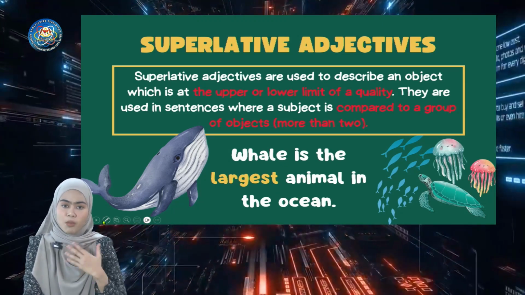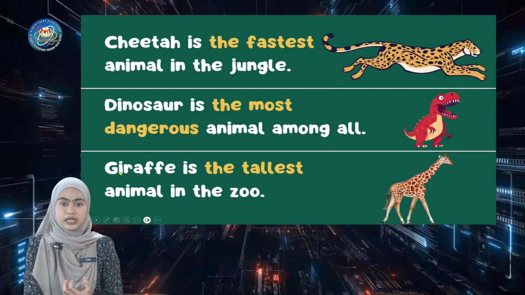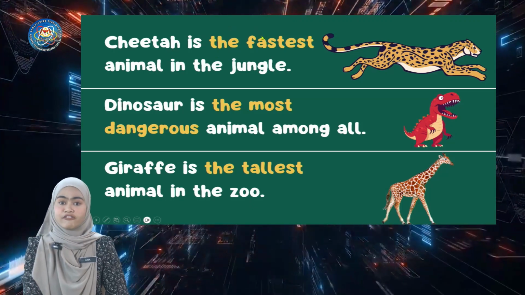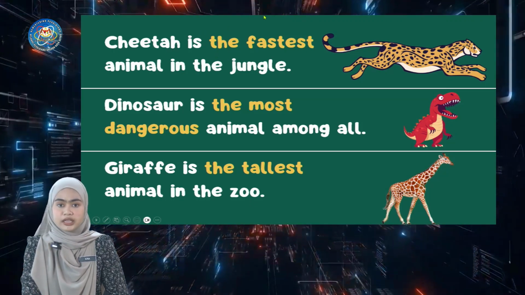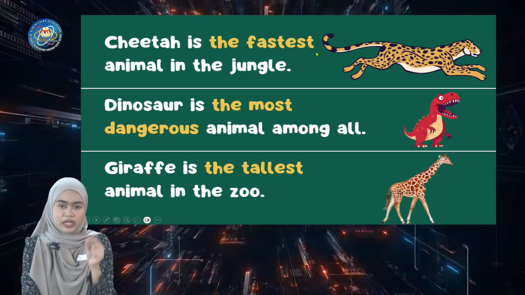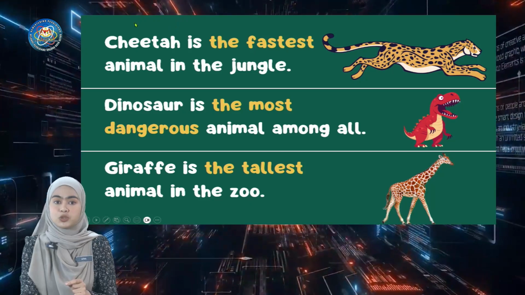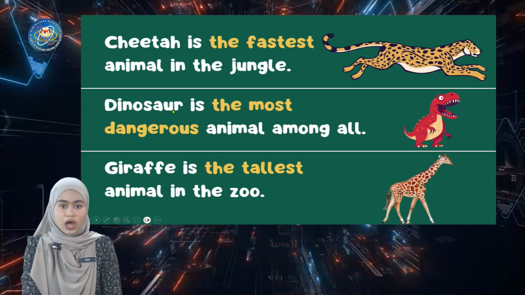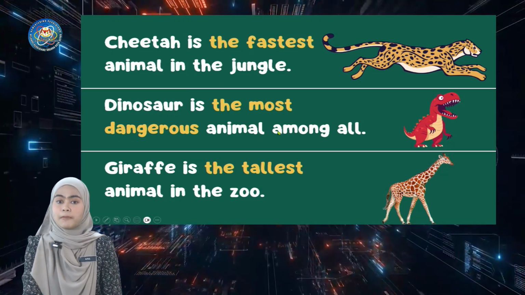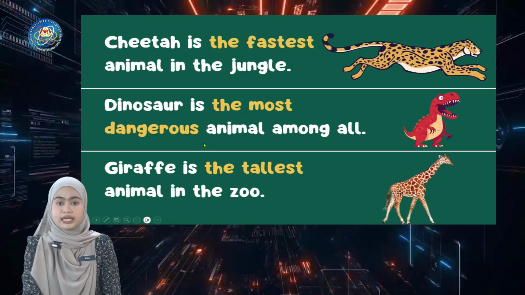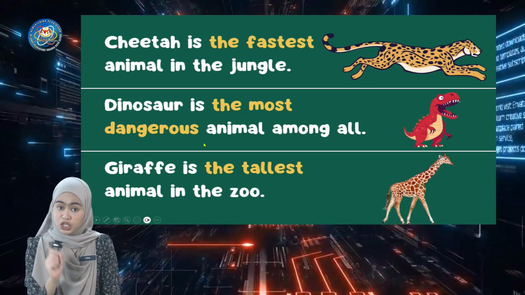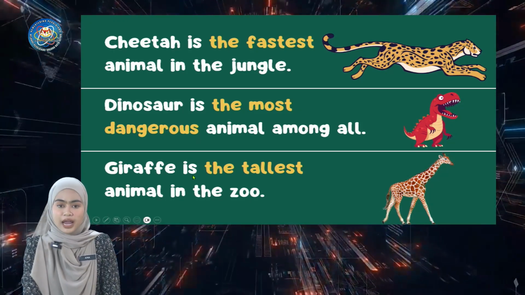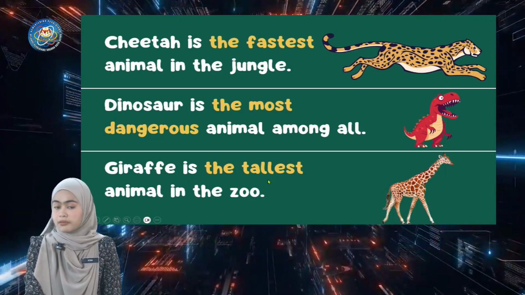Alright, let's look at more examples in the slide show above. The first one: cheetah is the fastest animal in the jungle. The fastest is the superlative adjective used to compare the cheetah and the other animals in the jungle. The second one: dinosaur is the most dangerous animal among all. The most dangerous is the superlative adjective used to compare the dinosaur and the other animals. And the last one: giraffe is the tallest animal in the zoo.